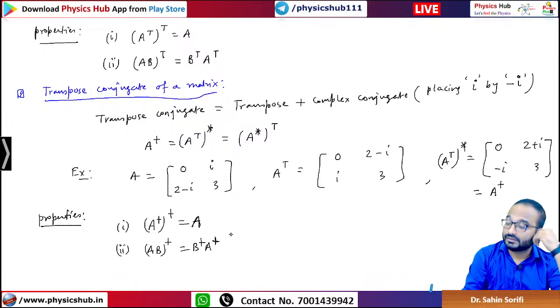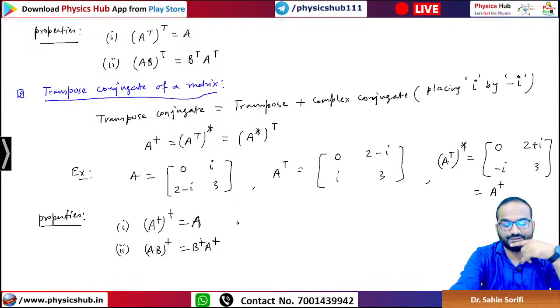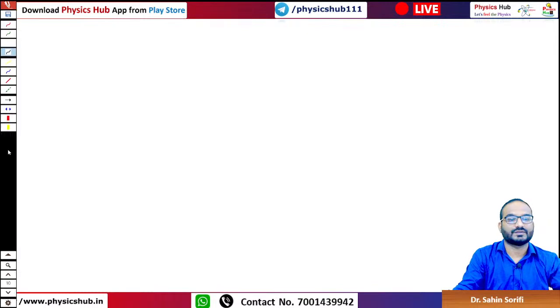Let's go for two very important concepts: symmetric matrix and skew symmetric matrix. Okay, chalo. Skew symmetric matrix and symmetric matrix. Firstly, let's talk about symmetric matrix.